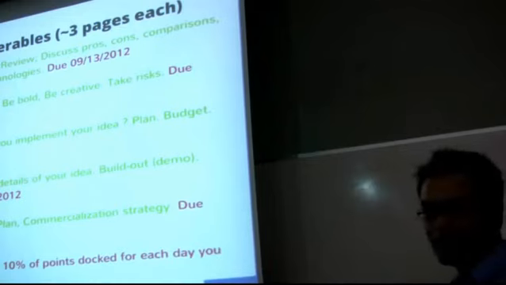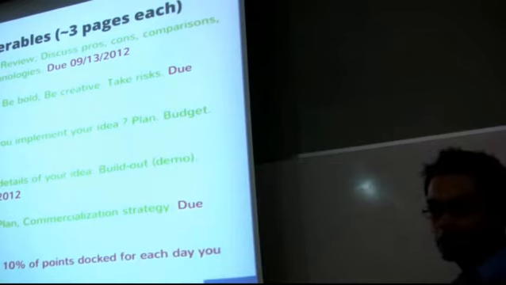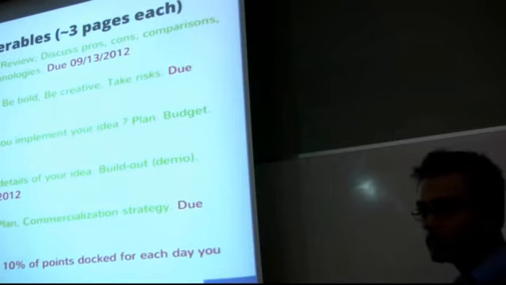Be bold, take risks. Think out of the box, hopefully, as they say. And obviously, you need to try to brainstorm with your team, maybe brainstorm with others. Email people who are in the field. Talk to me. Again, just 3 pages, but outline your idea. Maybe some figures. Try to be as clear as possible.